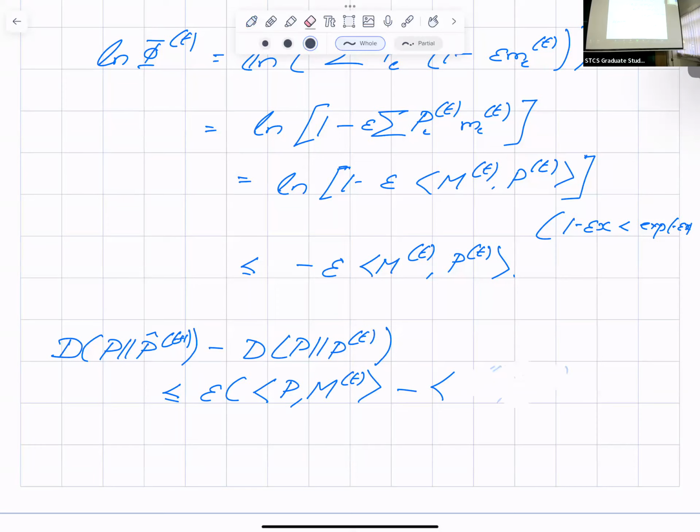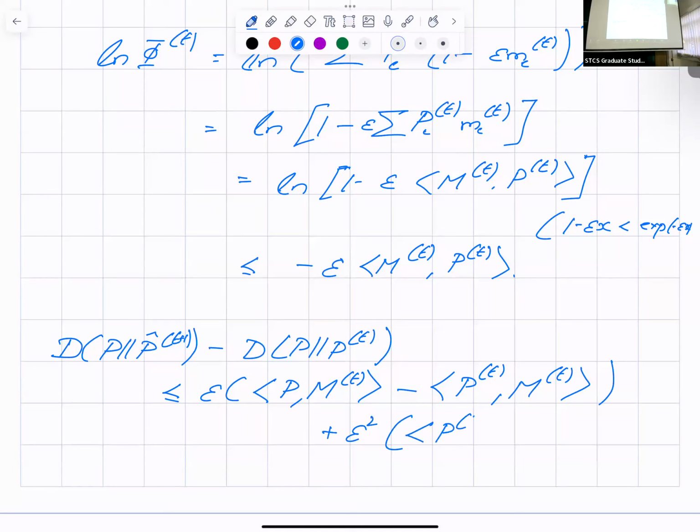Let's write it the same: PT MT. And then there's a smaller order term with epsilon square, P. This was with P, not with PT. The absolute value, this is what we get. This minus epsilon is what is over here. These two are what we had got from previous.